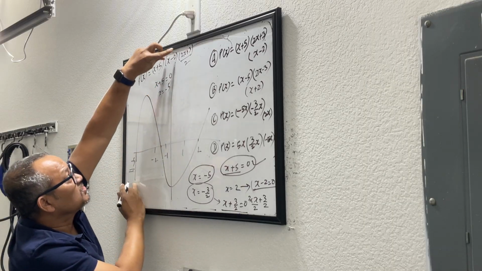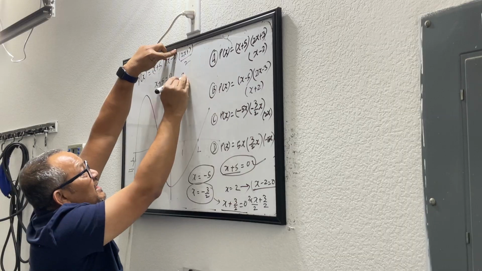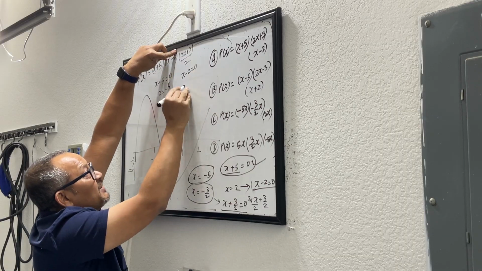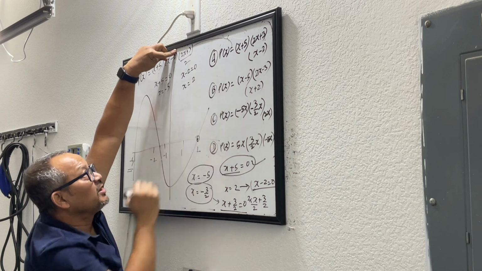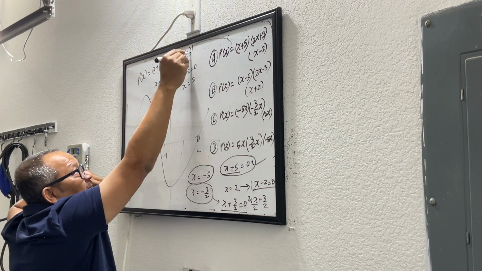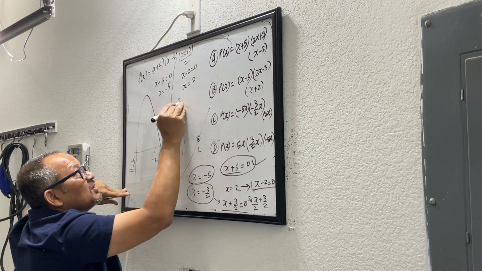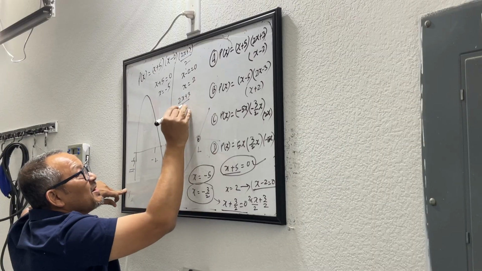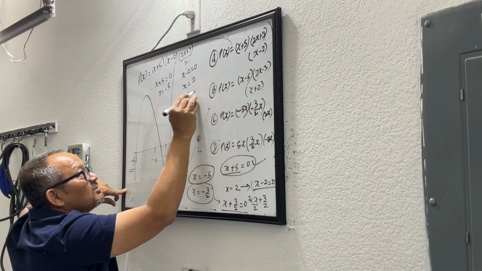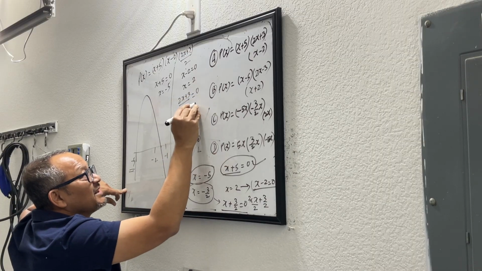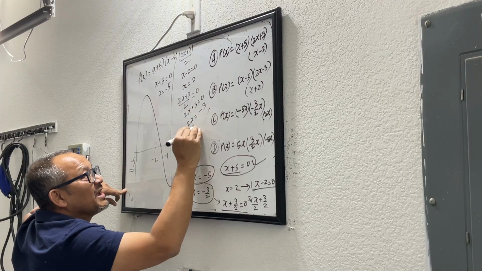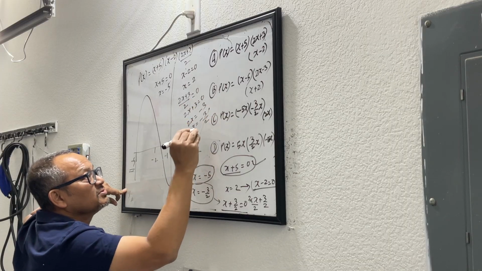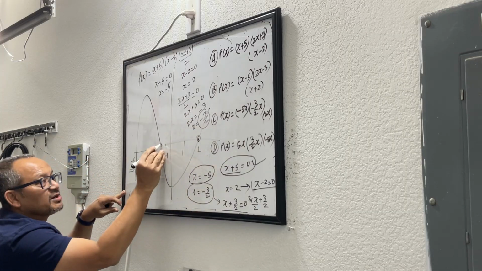When x minus 2 is equal to 0, that means x is equal to 2. This is the second point. When 2x plus 3/2 is equal to 0, that means 2x plus 3 equal to 0, or 2x equal to -3, x equals -3/2. That is this point.